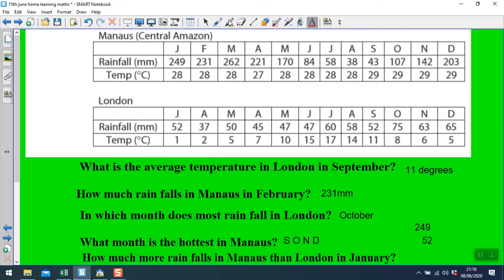So that is a subtraction question, remember. So 9 take away 2 is 7, 4 take away 5 we can't do, so we exchange. 14 take away 5 is 9, and 2 take away nothing is 2. So 197 millimetres more is in Manaus than London in January.